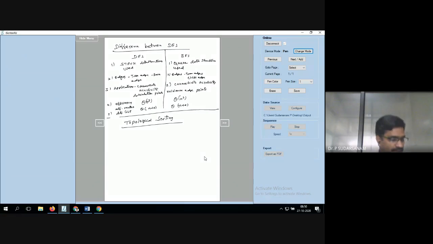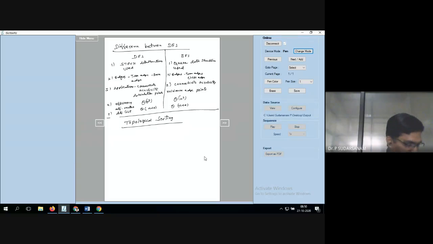Next, some of the applications I told you: topological sorting. Topological sorting is a sorting method to list the vertices of the graph in such an order that for every edge in the graph, the vertex where the edge starts is listed before the vertex where the edge ends.